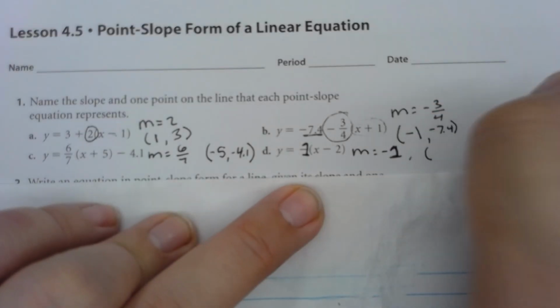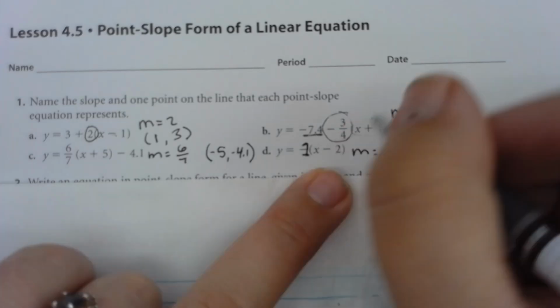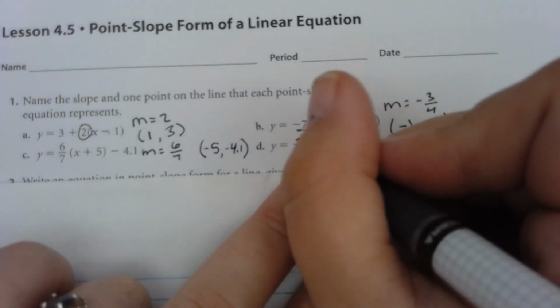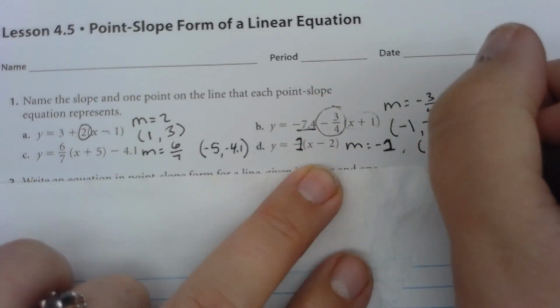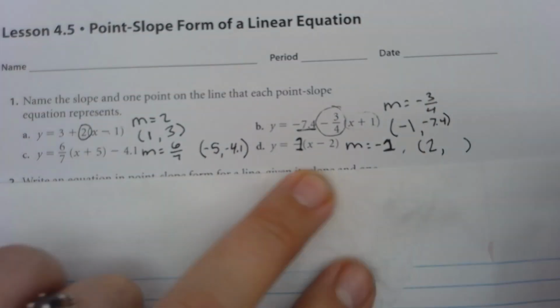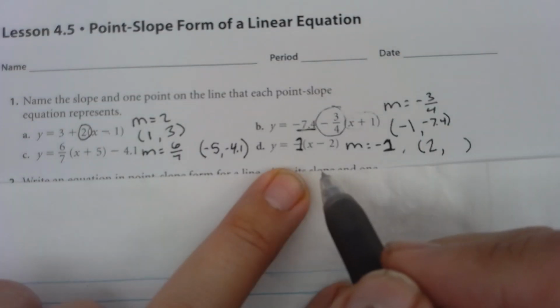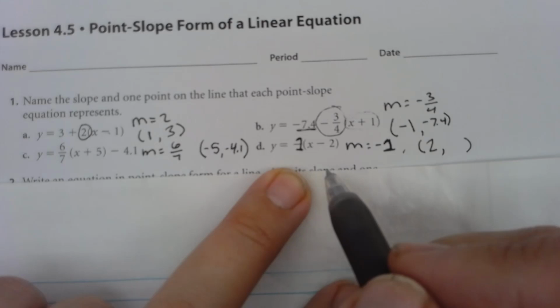And then the point, it's easy to tell because it's x minus 2. Take it out, we change the sign. But what about the y? What's the y value? Anybody know?